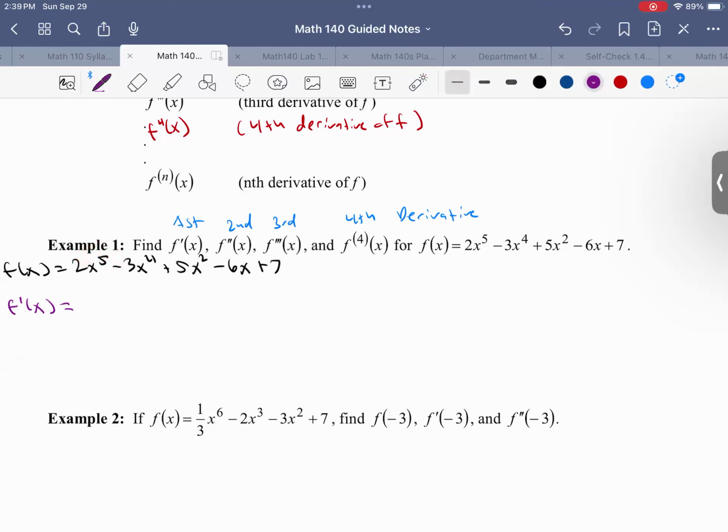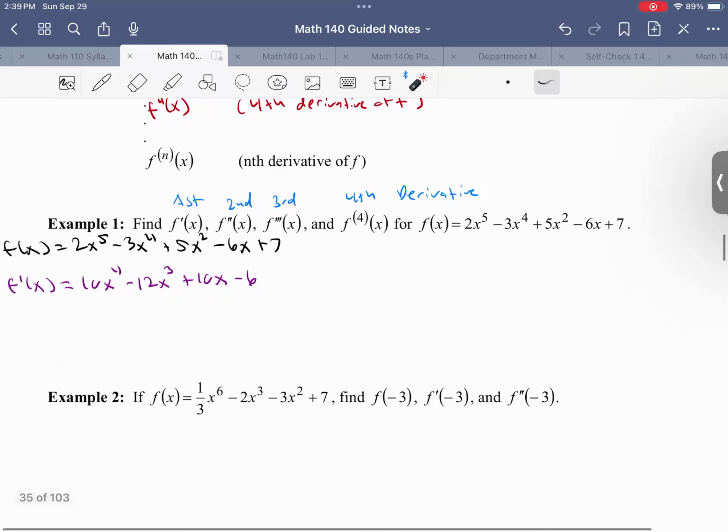We're just going to be doing the power rule over and over again. So this becomes 10x to the fourth minus 12x cubed plus 10x minus 6, and then the 7 just goes away, and the x drops. So that's the first derivative.